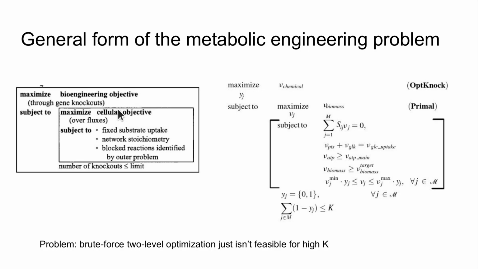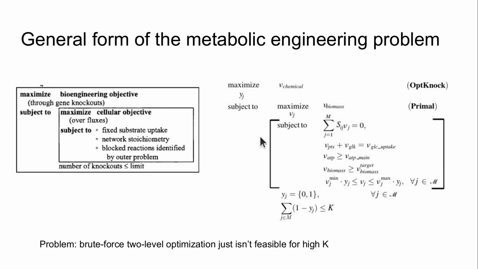And what we want to identify is, over a set of gene knockouts typically, or some other, for that matter, nutrient manipulation, a set of mutants for which the objective is the highest when the cell is maximizing its own objective.